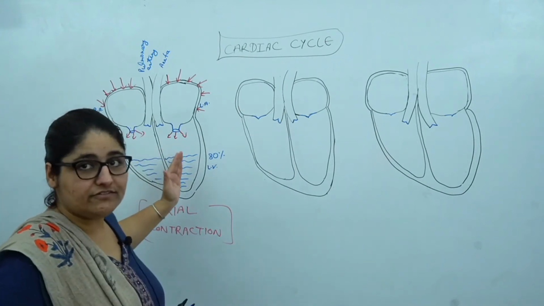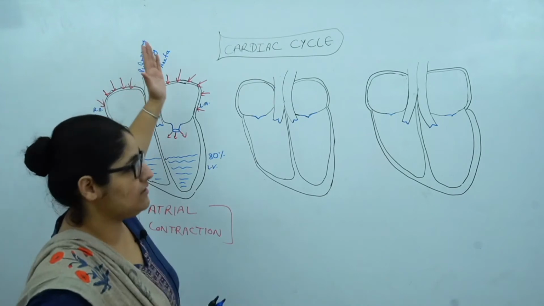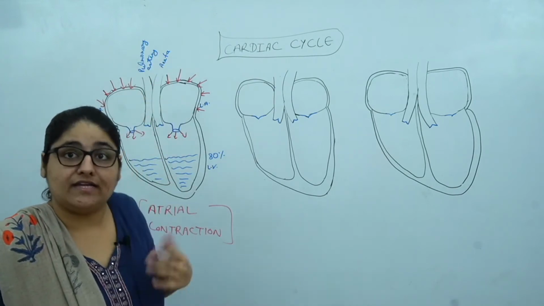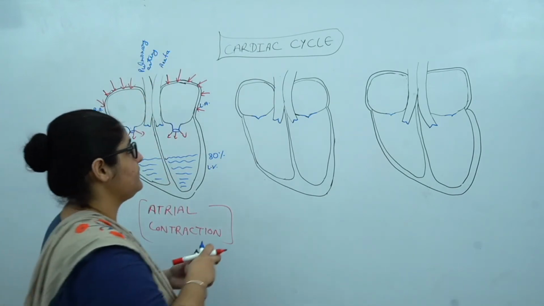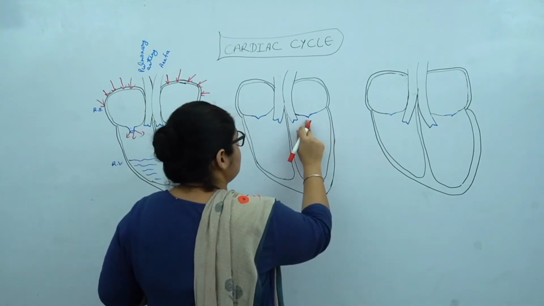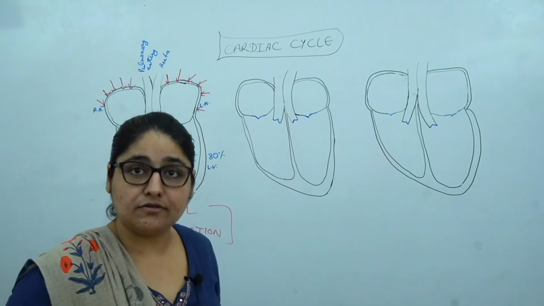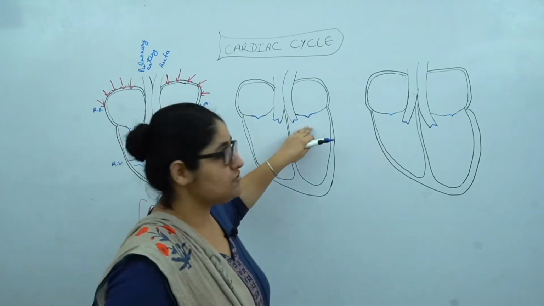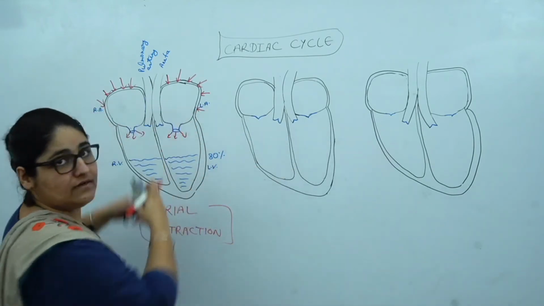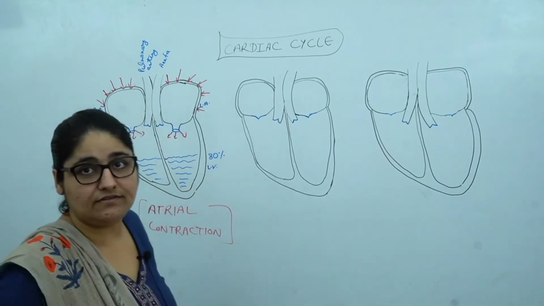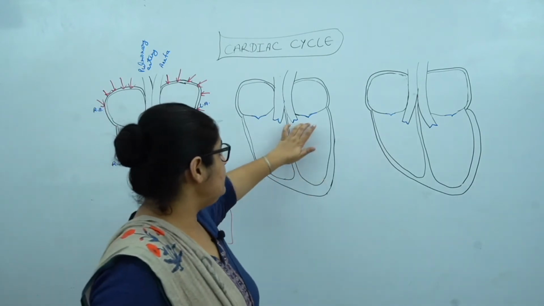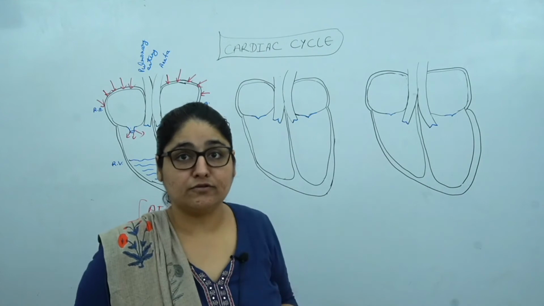Now, the blood will try to go back to the atrium. And to stop that, the mitral valve and tricuspid valve will be closed. To stop the backflow of blood from ventricle to the atrium, these valves will be closed.